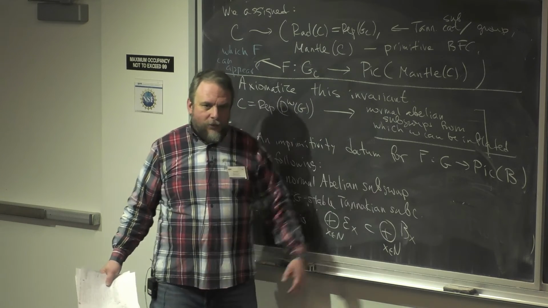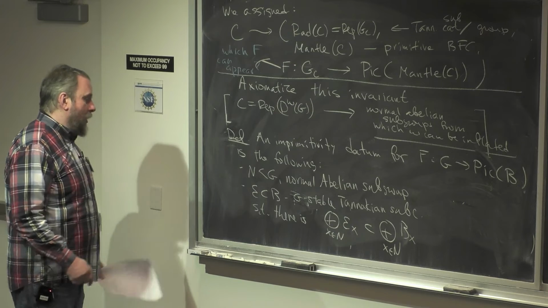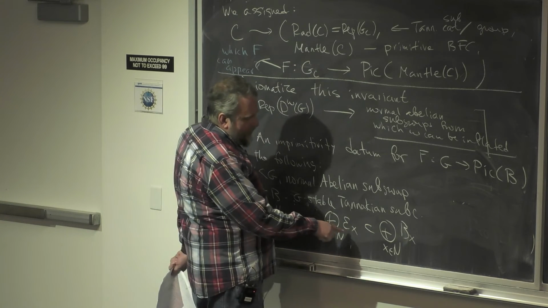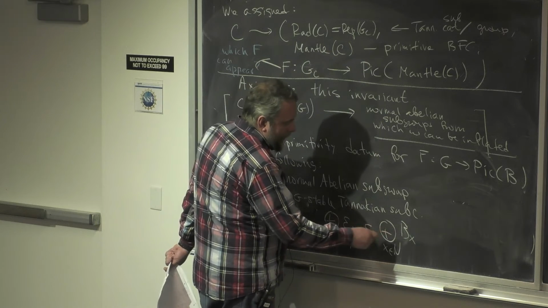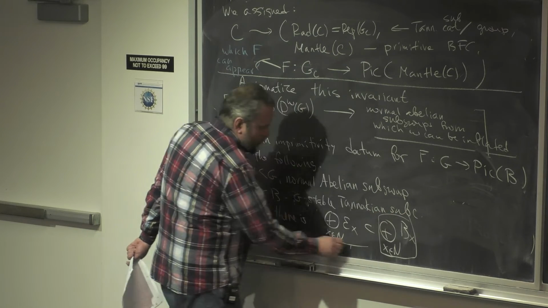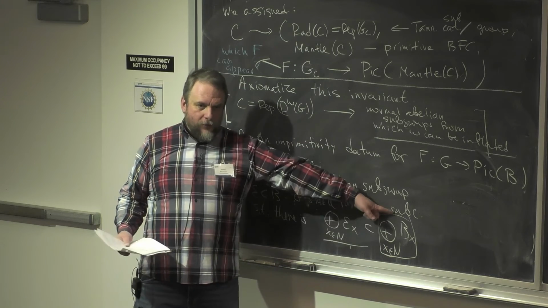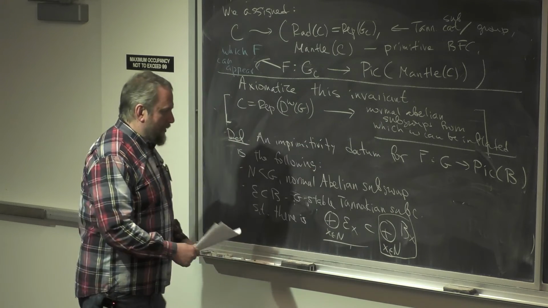Well, this is a strong condition that may or may not happen. So in this case, you can just think of this as follows: this extension is induced from this extension. If you tensor it with the trivial component, you'll get this.